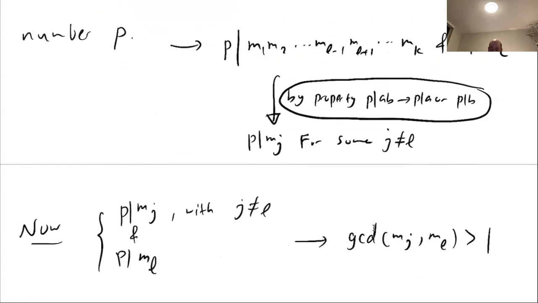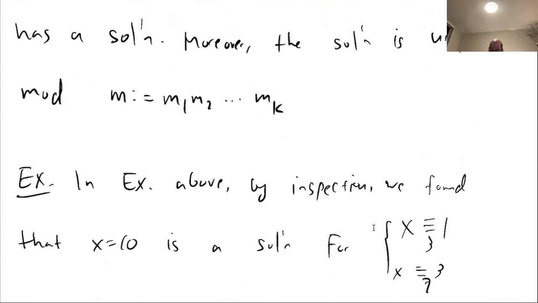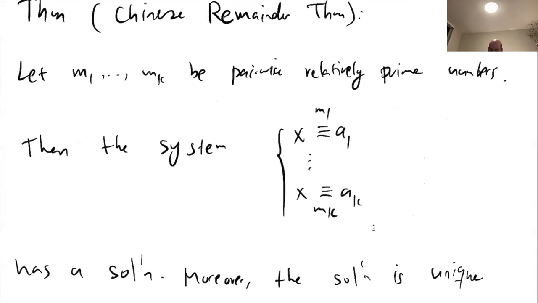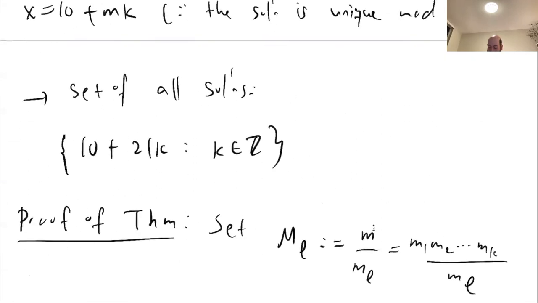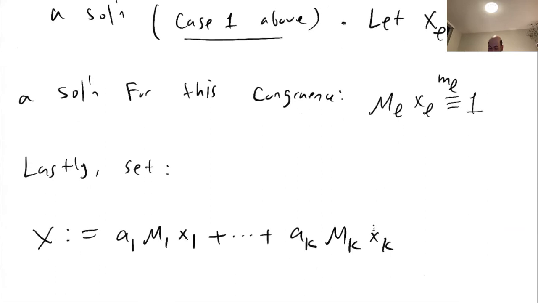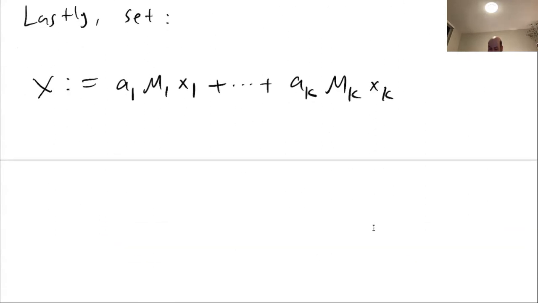Remember, what is my goal? My goal is to find the solution X for this system. And I'm claiming that the solution X that we are looking for is exactly this X that is defined here.